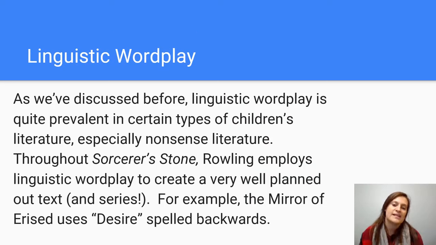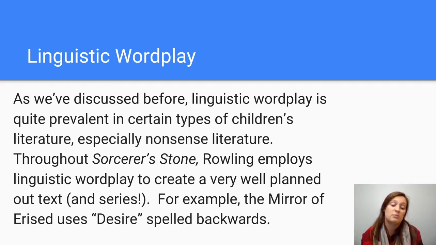The next literary aspect that I want to talk about with you in The Sorcerer's Stone is linguistic wordplay. I don't want to focus too much on this because we've talked about this with Alice and other texts, but I want you to see it and think about why it is used in this text.